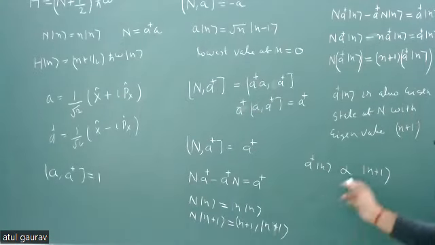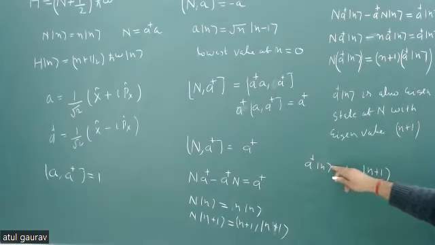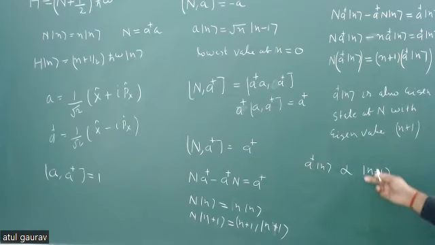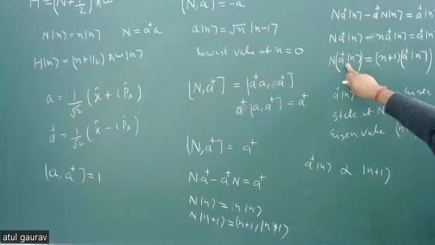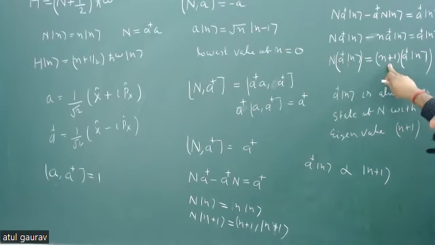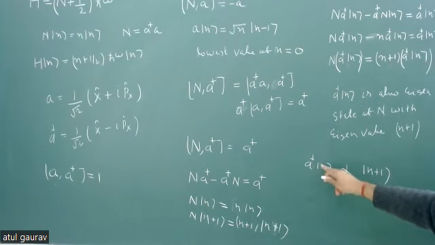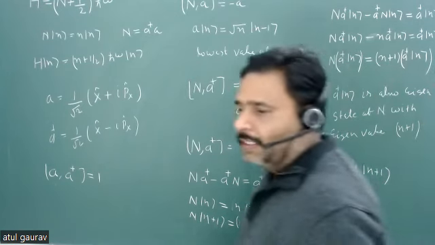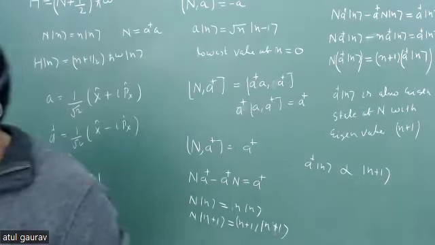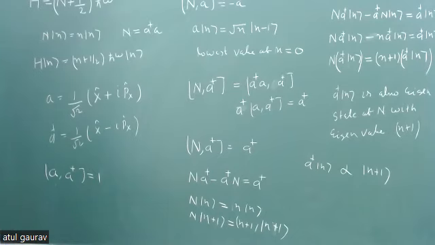So here A dagger |n> will operate on n and give you n plus 1. So you can easily equate the thing and you can say A dagger |n> is proportional to |n plus 1>. Just like in last class, जैसे हम लोगों ने last class में किया था, exactly we are doing the same thing.